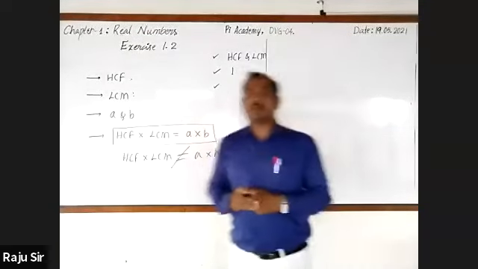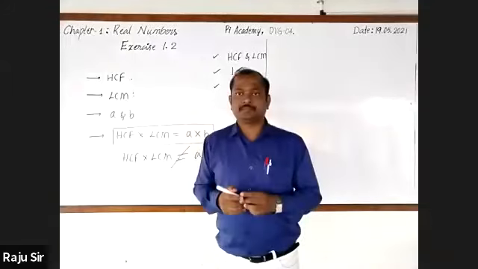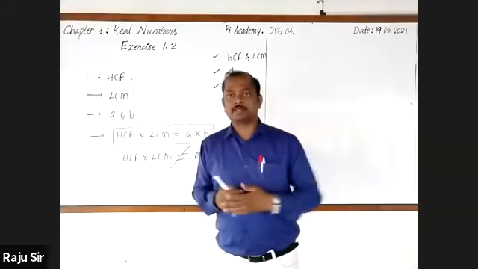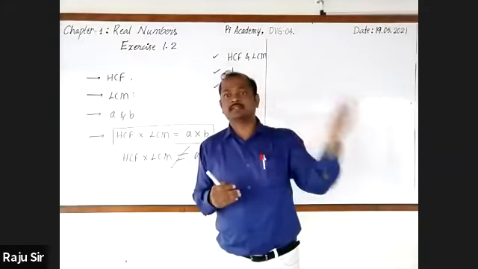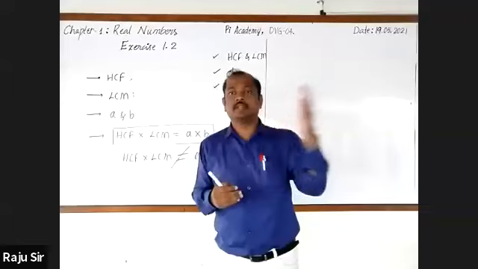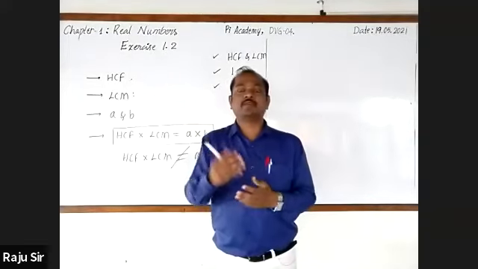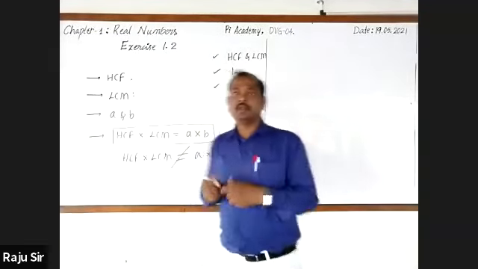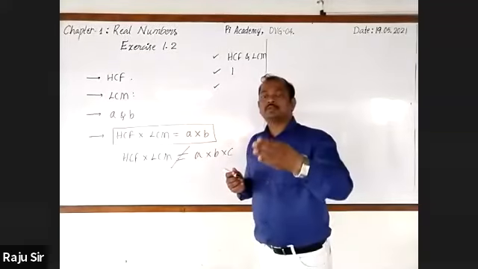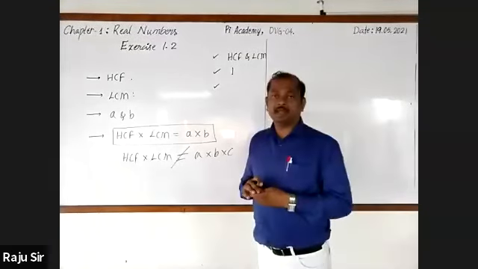Not only this, another very important point is that when two numbers are to be taken as HCF and LCM, they have to follow a condition: one of the numbers should be divisible by the other number.